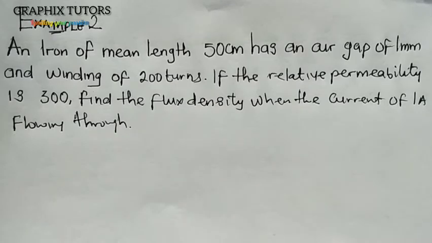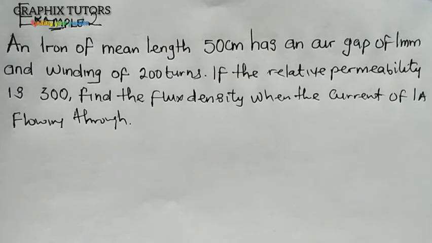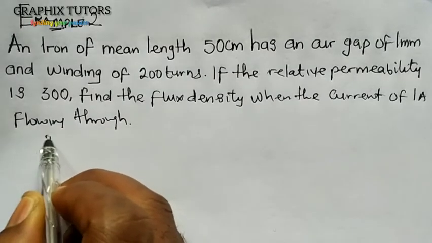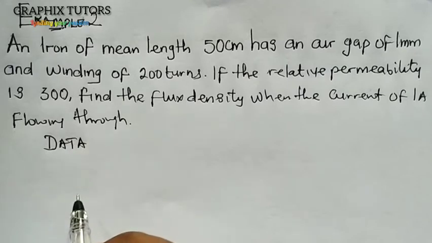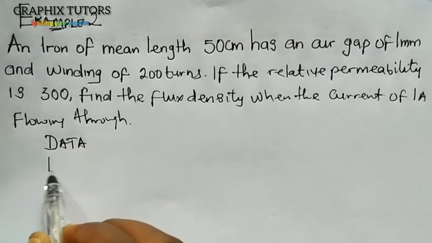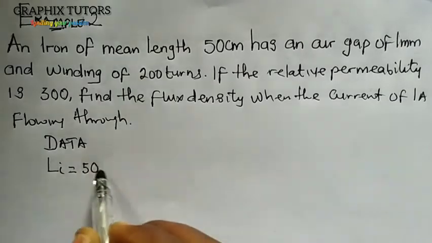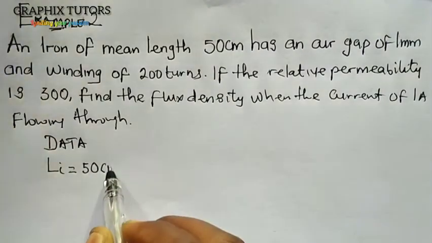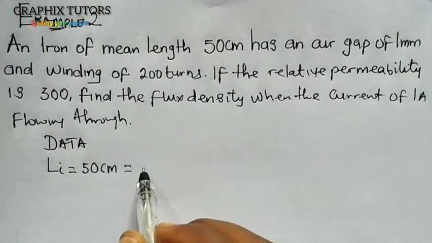Now the first thing you have to, like I said earlier, is to put out the parameters, right? So the data given here, we have the length of the iron ring, which is Li, and that is 50 centimeter, right?